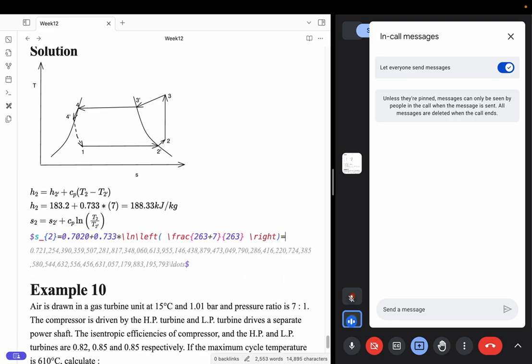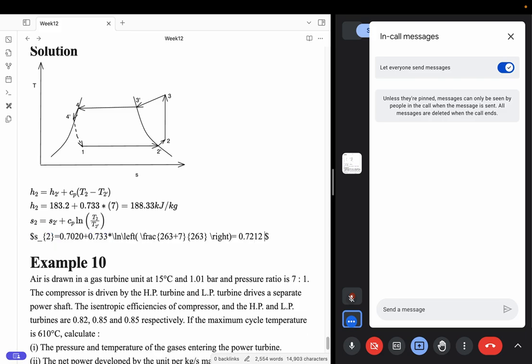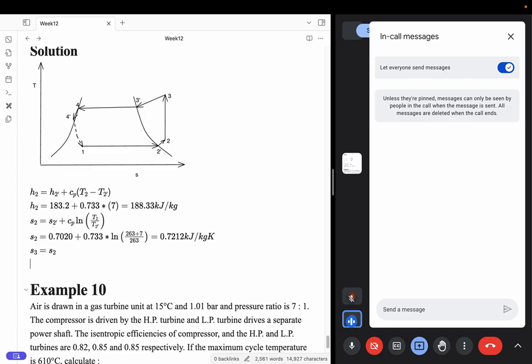That's around 0.7212. Okay, let's remove all these decimals. We have S2. So now we know that inside the compressor S3 equals S2. But I don't know what the temperature is at point 3.